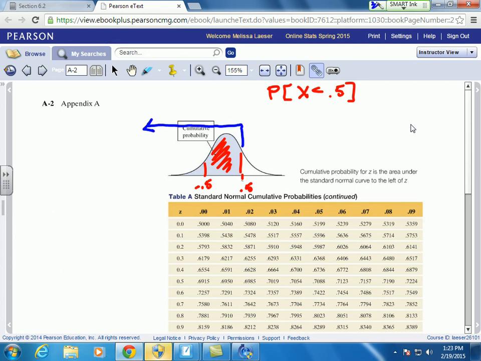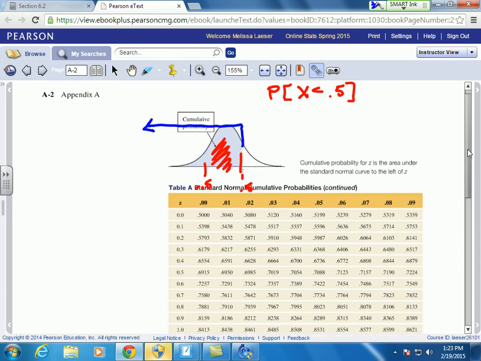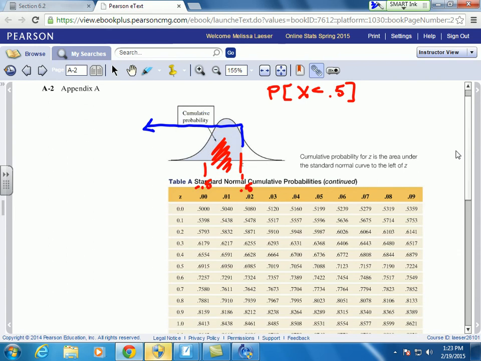So we're going to use the table to do that. So I go to z is 0.5 right here, and the probability that I'm less than 0.5 is 0.6915. Okay, so that's the whole thing. Then what I'm going to do is I'm going to use the previous table to take away this little part, okay?